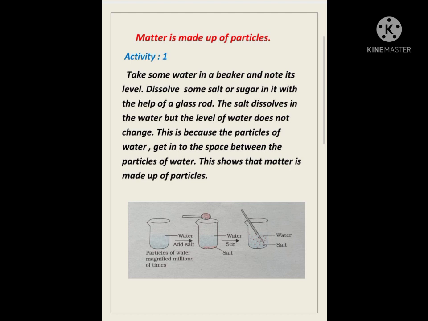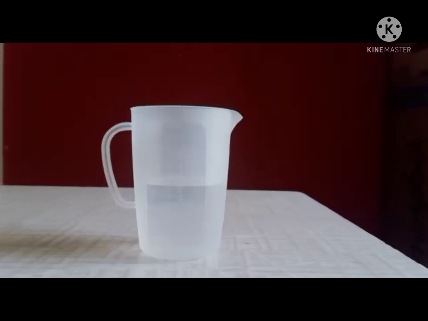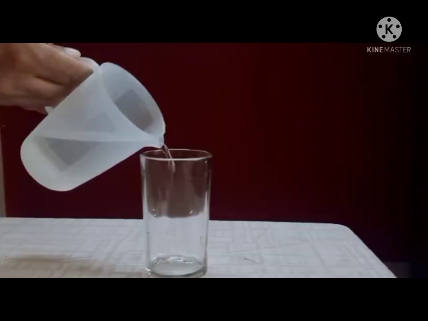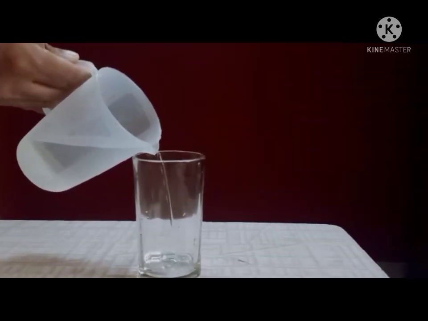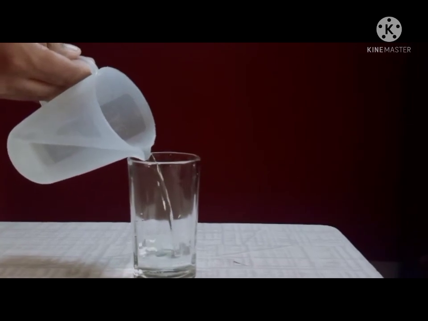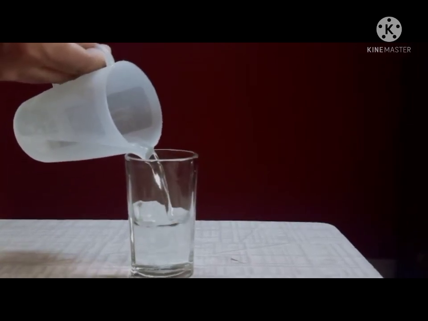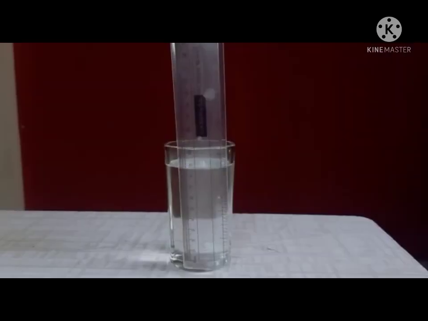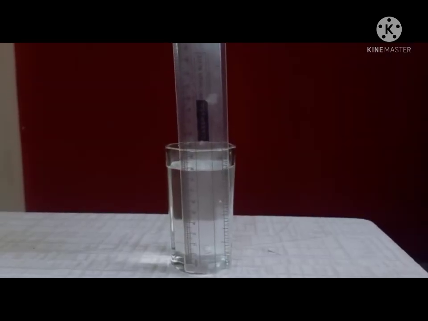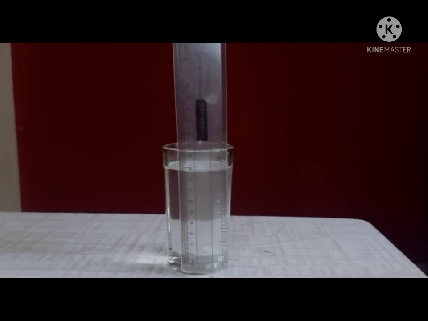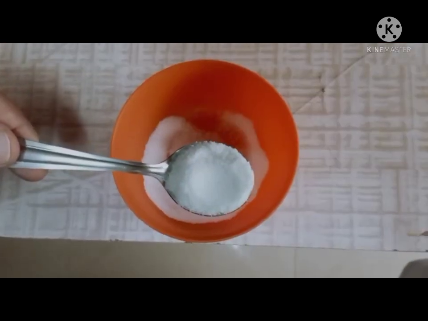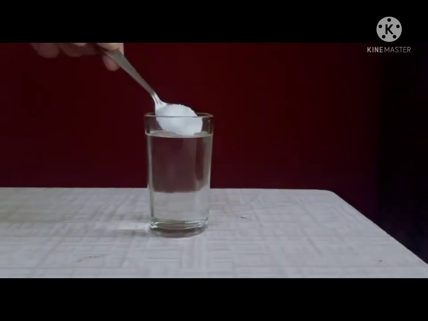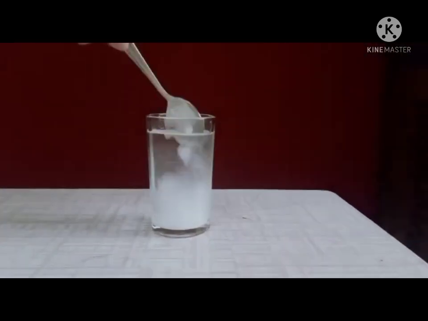Let's see the experiment. 200 ml of water, salt. Pour 200 ml of water into a transparent glass tumbler. Measure the level of water with a measuring scale and it reads 9 cm. Take 2 teaspoons of salt and add it to the glass of water.